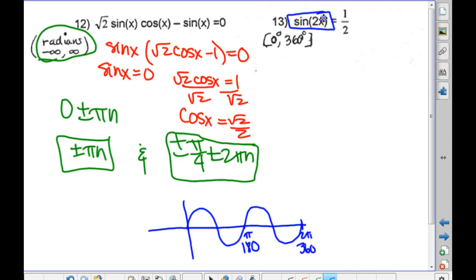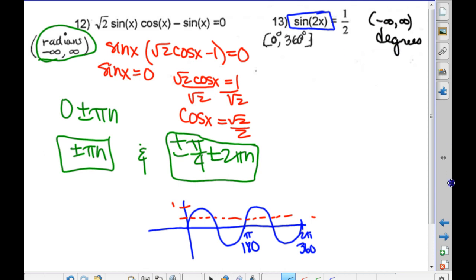Okay. How many times did that graph hit 1/2? Well, 1 is here, so 1/2 is somewhere in here. How many times did we hit 1/2? 4. Okay, so we should get how many answers? 4. It is very tricky for students to think about generating 4 answers to this kind of question. So what I would like you to do is think about it as being a negative infinity to infinity question in degrees first, and then we'll find the 4 answers.